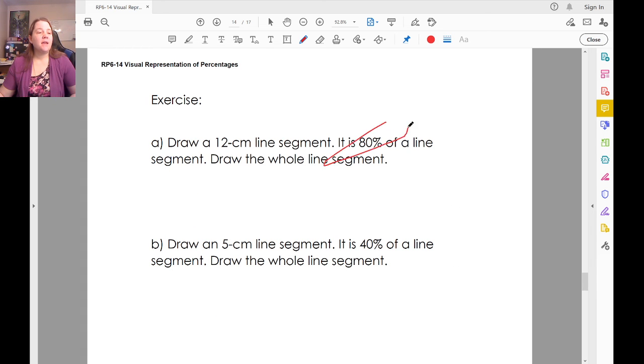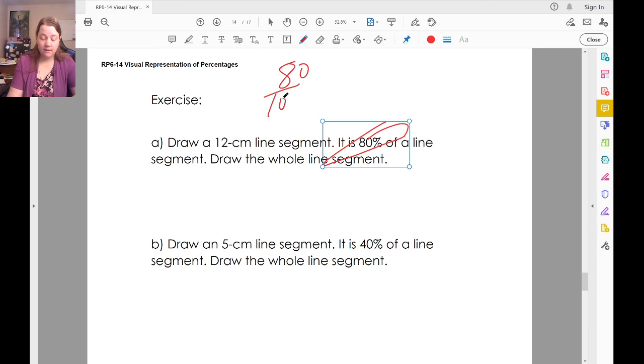If I have 80% of a line segment, that means 80% out of 100 is the same thing as 8 out of 10, is the same thing when we simplify as 4 out of 5.